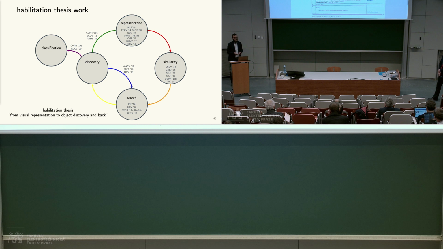Because of all the different ways that objects can vary in the images, as I mentioned, different viewpoints, illumination changes, many parts can be occluded, we can see different parts. Especially for extreme cases of very large objects, it's very difficult and maybe not even desirable to map them to the same point in the representation space.